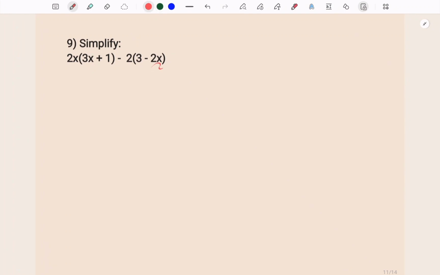Here we have 2x multiplied by (3x plus 1) minus 2 multiplied by (3 minus 2x). So here this 2x will be multiplied by 3x. Also this 2x will be multiplied by 1.